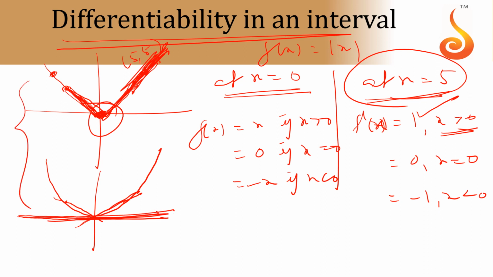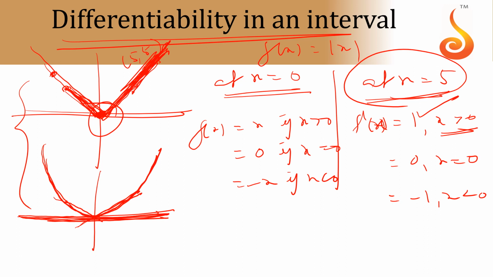If you observe this at x equal to 0, this curve is continuous and it is called smooth, whereas in mod x it is called sharp. Whenever there is sharpness, the left side secant line will coincide with that graph itself. Whenever smoothness is there, the left side secant line won't coincide with the curve.